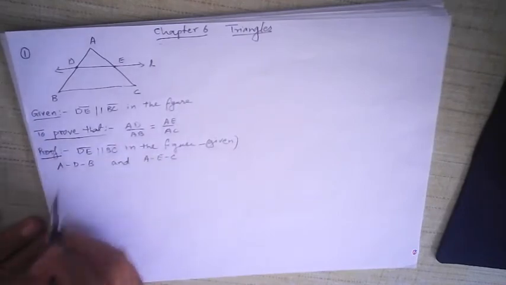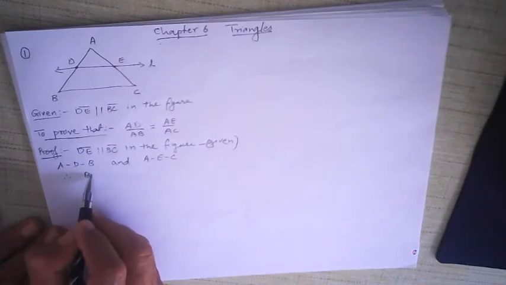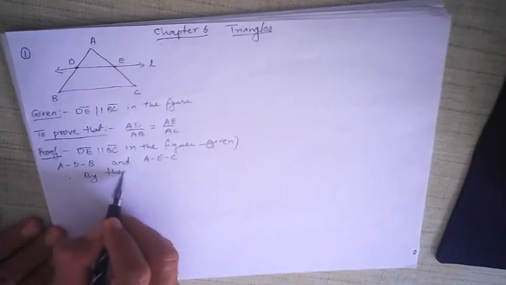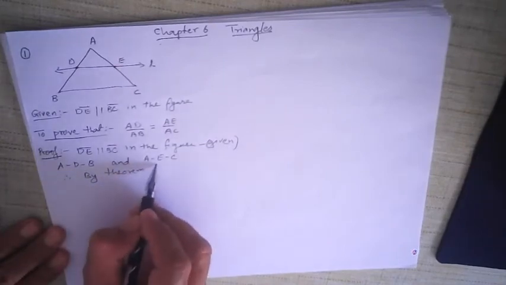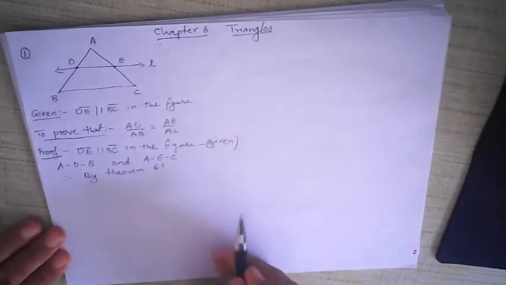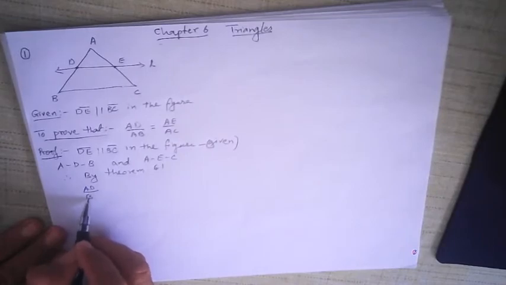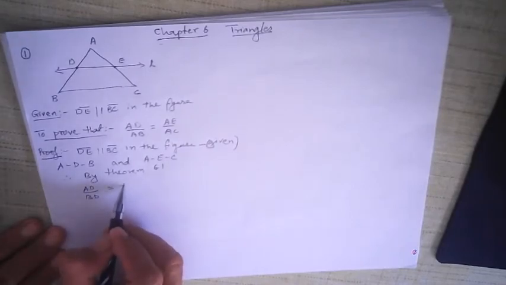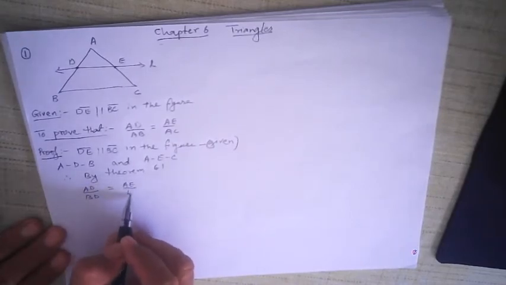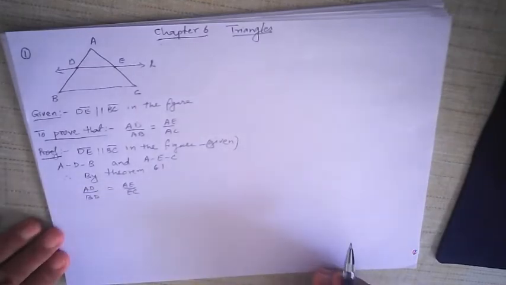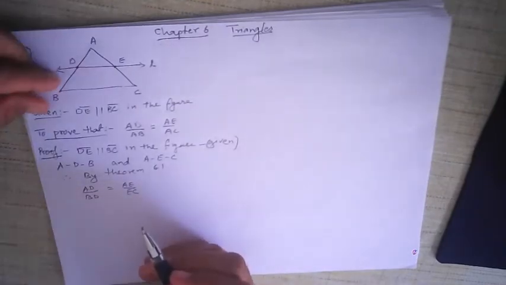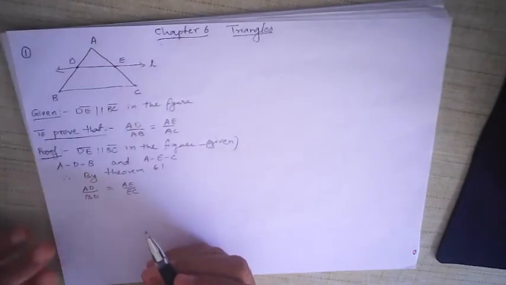Therefore, by theorem 6.1, which is the fundamental theorem of equal proportions, AD upon BD is equal to AE upon EC.